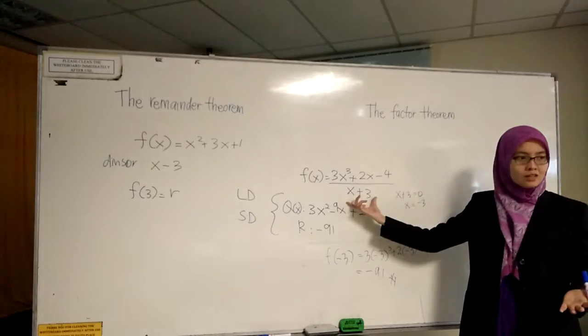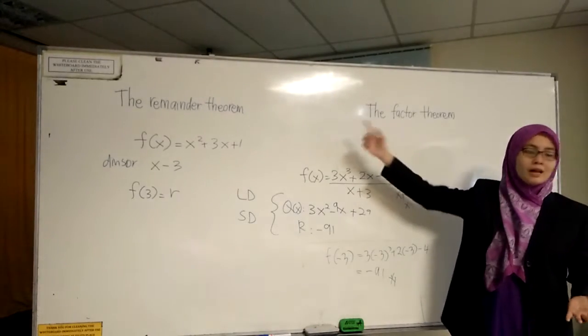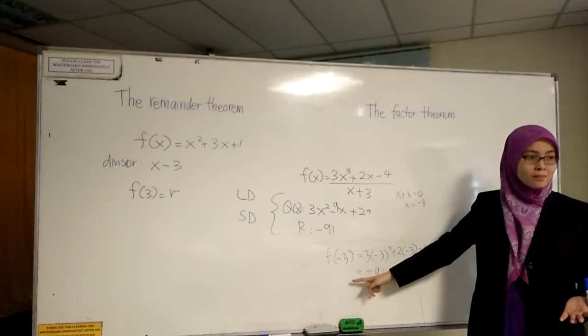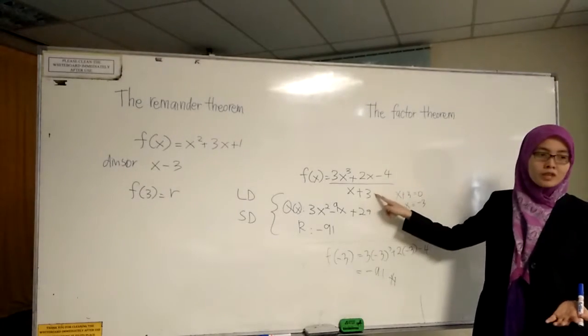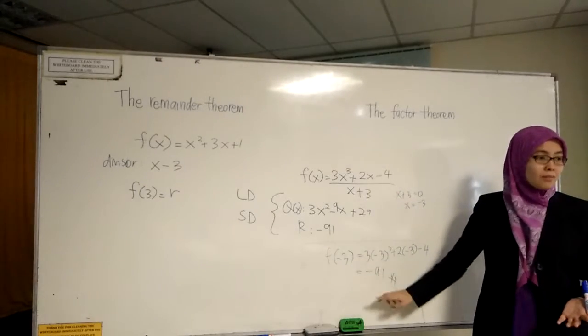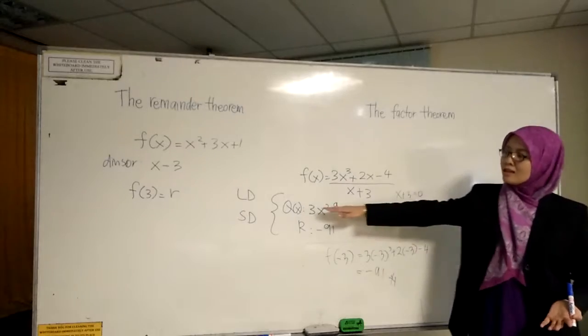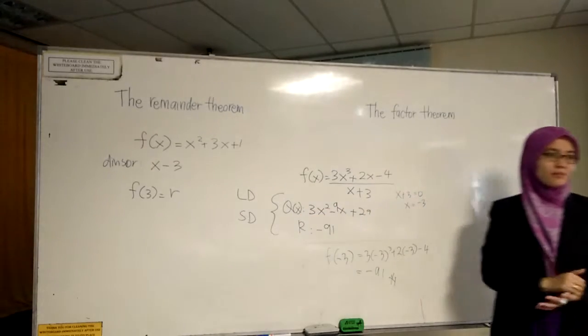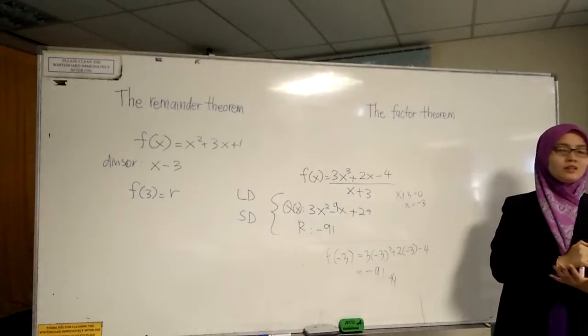So I know by remainder theorem, I can get my remainder by substituting the value of this divisor inside the polynomial. Then I can directly get my remainder without using long division or synthetic division.